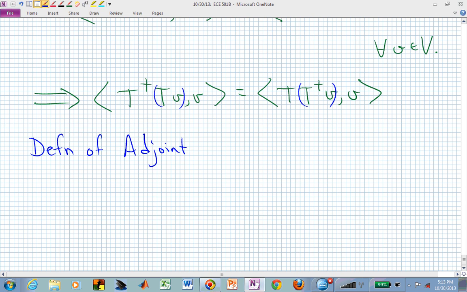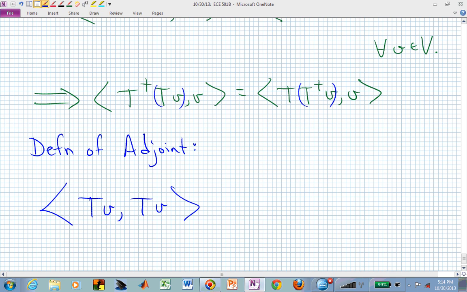On the left side, I want to apply my definition of the adjoint to this inner product. And on the right side, I want to do it to the other inner product. Meaning, by the definition of the adjoint, what do I have on the left-hand side? I want to take the adjoint of the adjoint and put it in the second slot. So that now I have TV with TV.